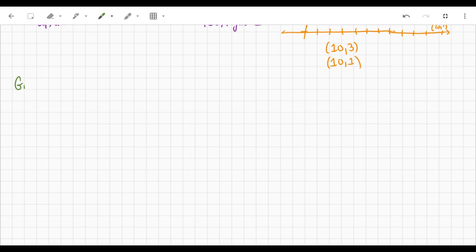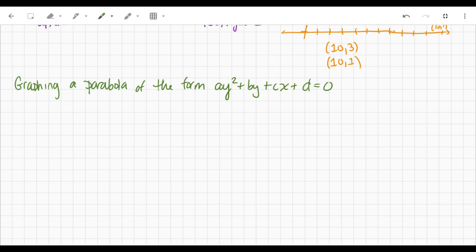We have graphing a parabola of the form ay squared plus by plus cx plus d equals 0. It's been a while since I've done these. ax squared plus bx plus cy plus d equals 0.